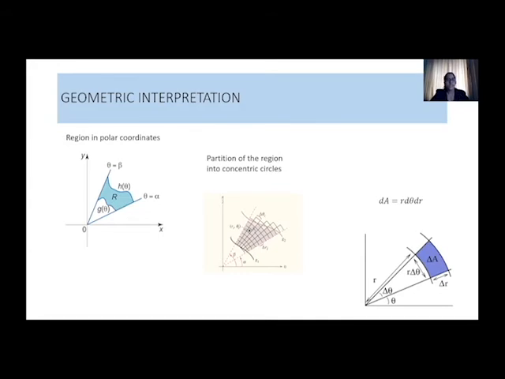It's not right. dA is r into d theta dr. That is because if we consider a zoomed-out portion, the particular region Ri or Rj, then delta A will be, this distance is the difference delta R, between R1 and R2. And this length that we get will be r into the variation in theta, that is r into delta theta. So dA will be replaced by r into d theta dr.